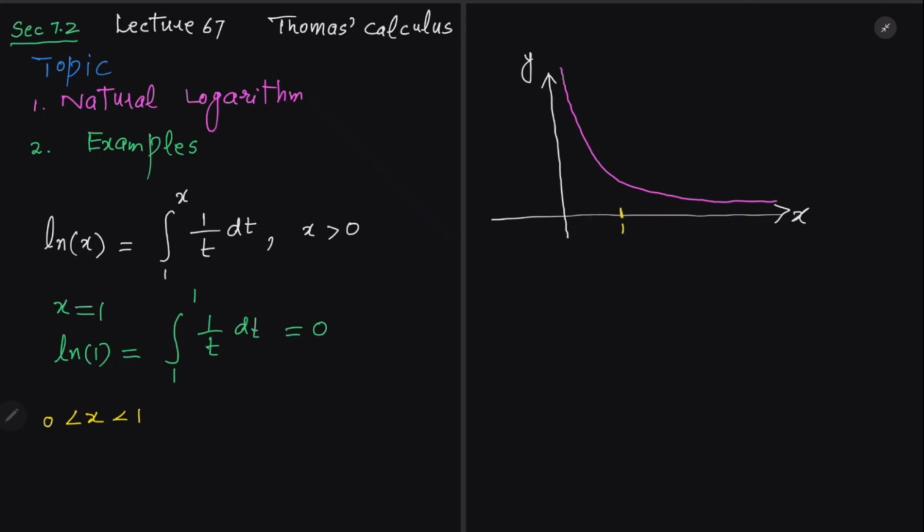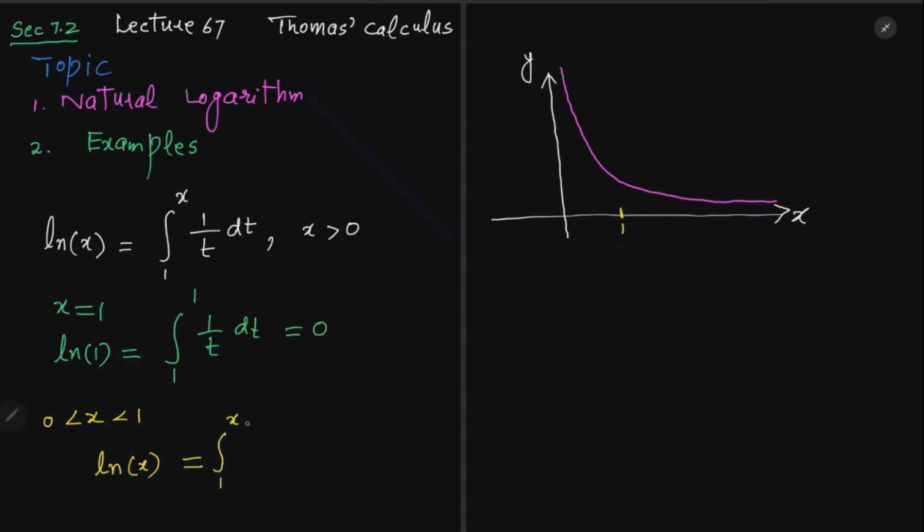Then what is the answer of that integral? So for x between 0 and 1, we have natural log of x equal to the integral from 1 to x of 1 over t dt.